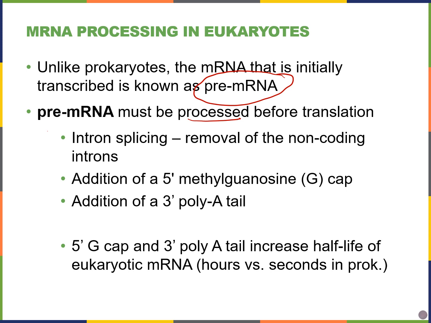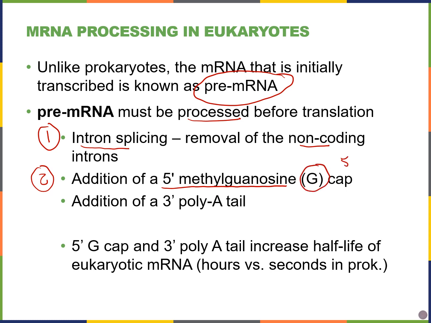The first step is something known as intron splicing. We're going to have to cut out or remove sequences known as introns. These are intervening non-coding sequences that are going to get cut out. The second thing we're going to do is add a 5' methylguanosine cap, and that's sometimes called a G cap.